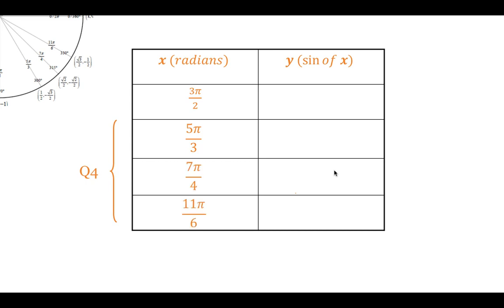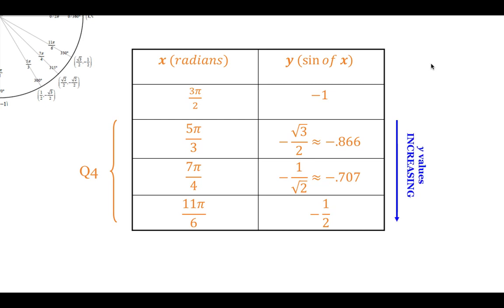So at 3 pi over 2, the sine of x is negative 1. That's where it reaches its lowest point. At 5 pi over 3, it starts going back up to negative root 3 over 2. It's mirroring the other side. At 7 pi over 4, it goes back up to negative root 2 over 2, or negative 1 over root 2. Then it goes up again to negative 1/2.